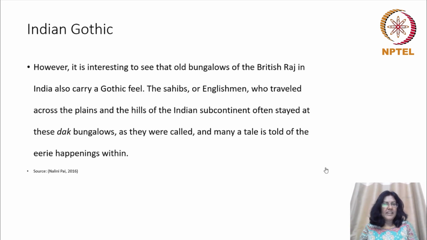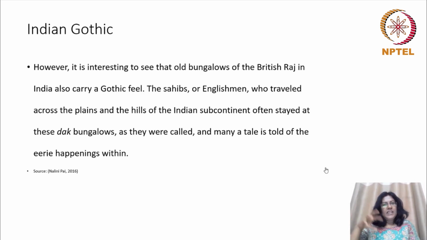told in these narratives. So like the Gothic castles that we see in Radcliffe or Matthew Lewis's Monk, or in other very common Gothic fiction, we have these old bungalows becoming representations of terror and horror. These old bungalows become administrative spaces because Englishmen occupied them while traveling across the length and breadth of India to do the job for the empire.